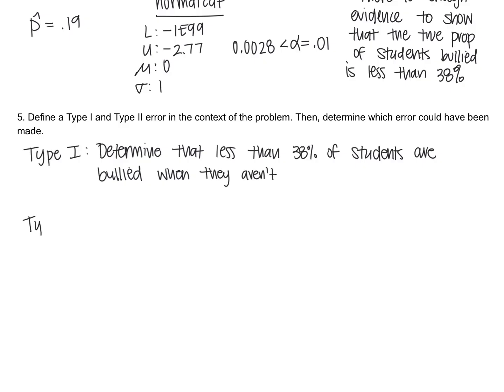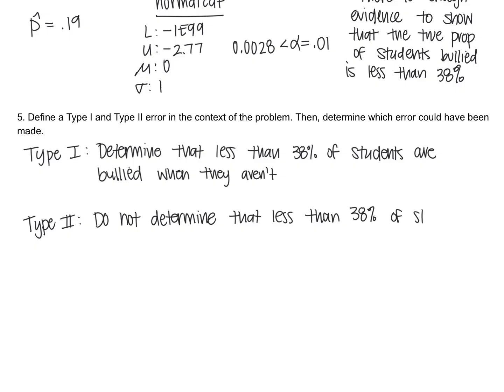And then a type 2 error is failing to reject when you should have rejected. So you do not determine that less than 38% of students are bullied when they are.